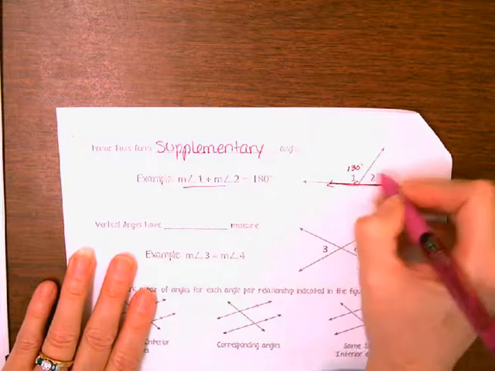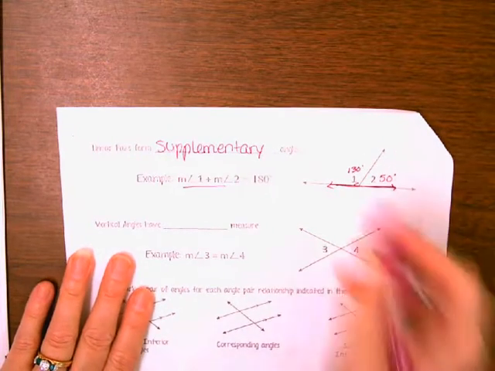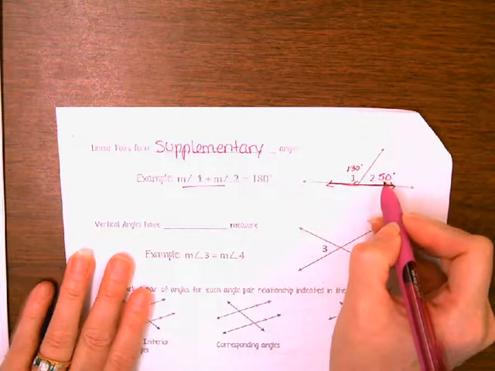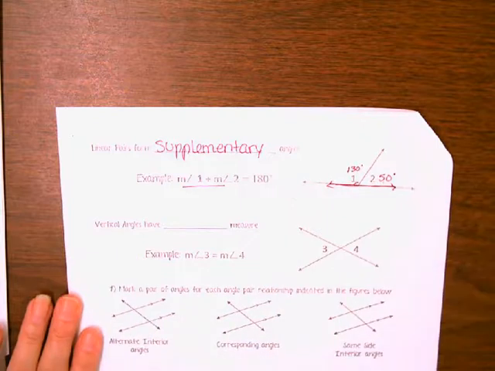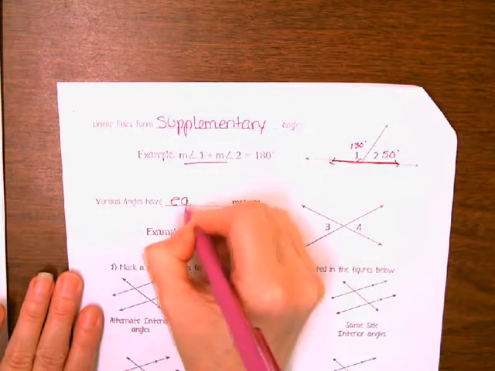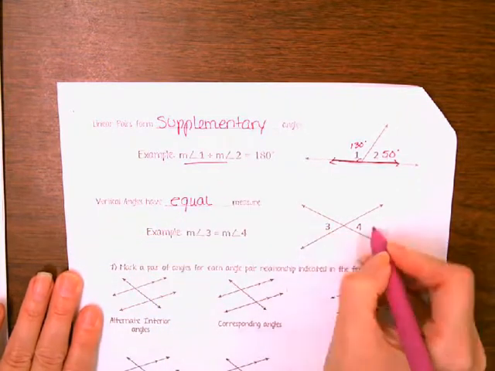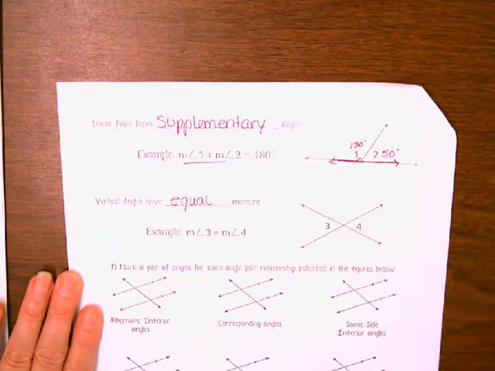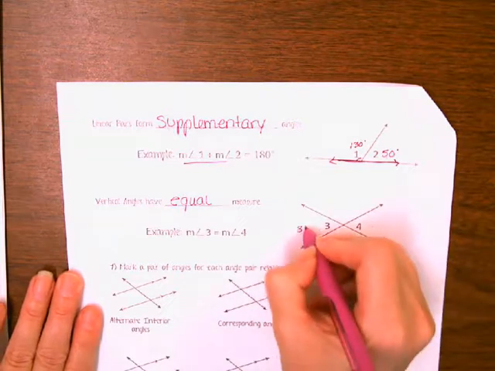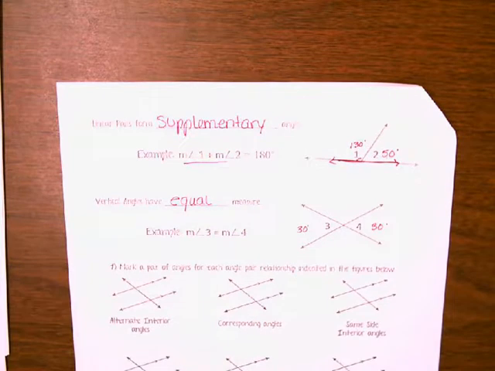You would automatically know that this angle is 50 degrees because 130 plus 50 gives us our 180. Okay? Vertical angles, we talked about this already, have equal measures, so 3 and 4 would be the exact same. If I told you that this was 30 degrees, you could tell me that angle 4 would also be 30 degrees.